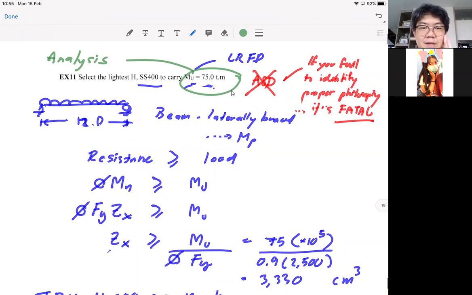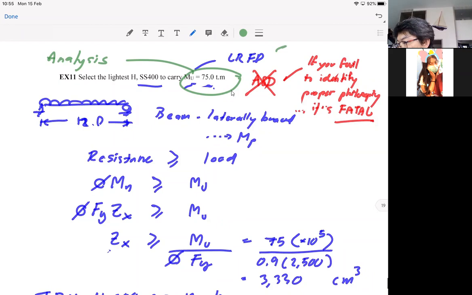But if you are required to do the analysis of a simple structure, like a simple beam in this case, you should be able to carry it out. Okay, so that's, if I'm not mistaken, maybe about 20% of the weight of the problem.